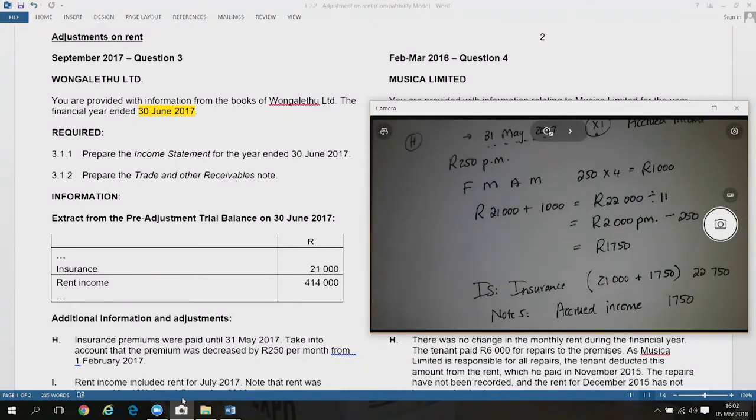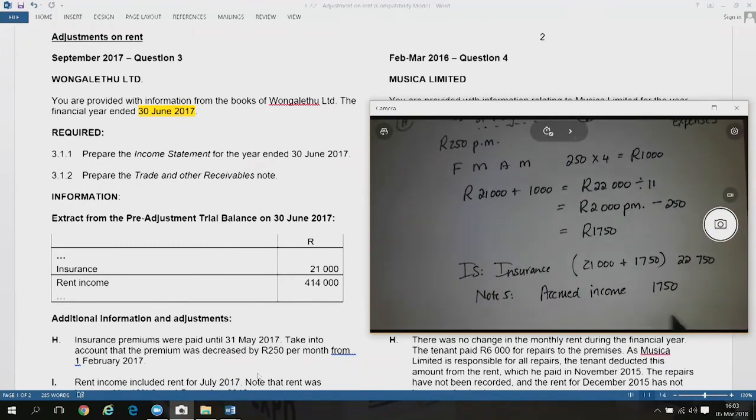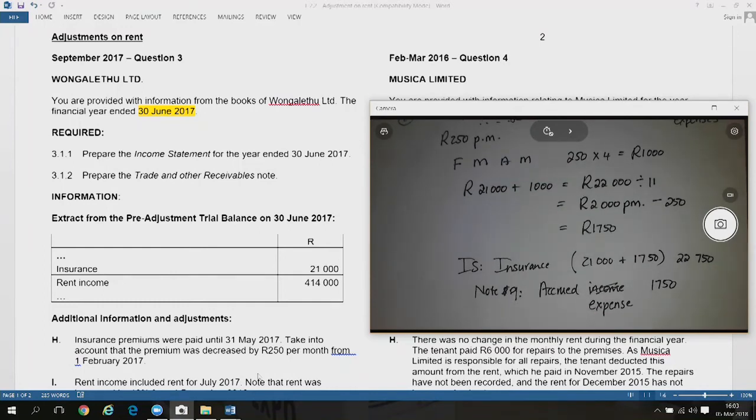It is accrued expenses, because we're busy with insurance, not rent income. And accrued expense is in note number 9. Note number 9 was not asked. Only note number 5 was asked. So that is all on insurance.